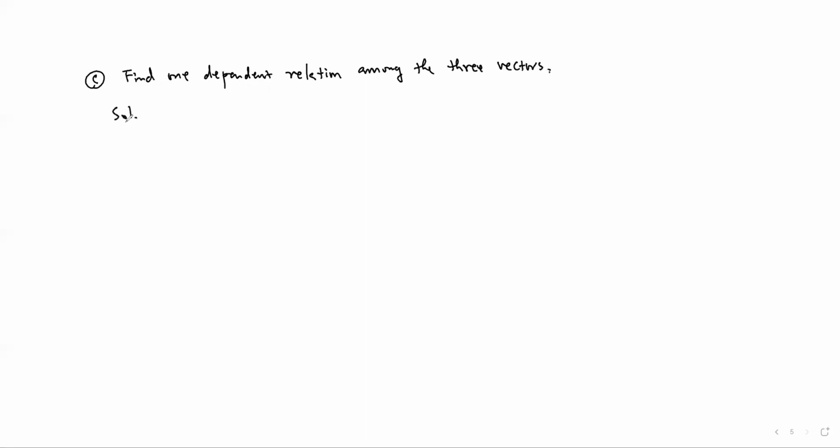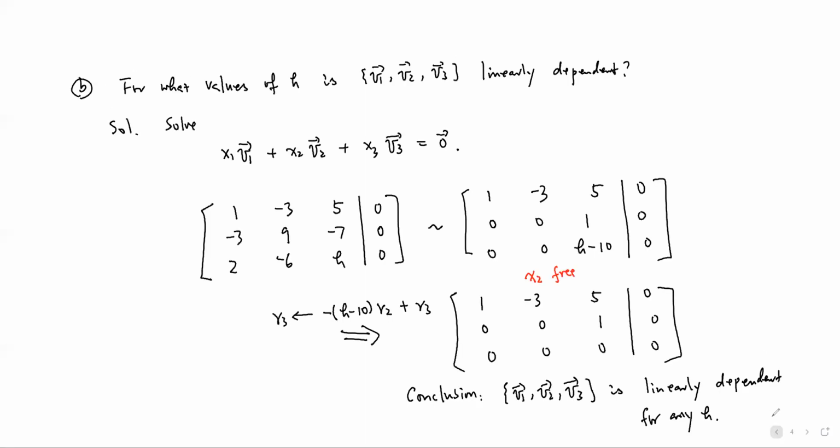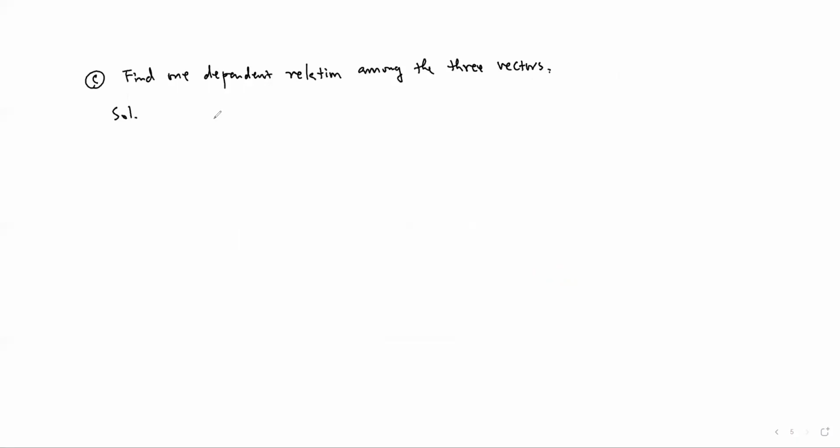How to answer this question? That means that we need to find one solution to this vector equation. Now here, this is an echelon form. One more step to reduce it into reduced echelon form. Now, the solution.